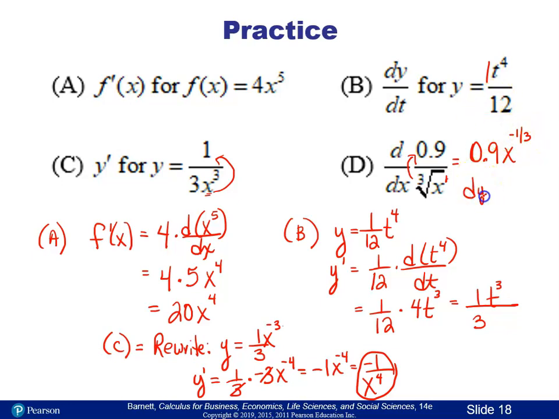So when I take the derivative of this, I'm going to have my constant multiple, and then I'm going to multiply it by the -1/3 that comes down as a coefficient, and then I'm going to have x, and then I'm going to decrease it by 1 and have -4/3. So 0.9 times -1/3 is -0.3, and you can check that on your calculator, and then over x to the +4/3, because we've got a negative here, we'll move it to the denominator.